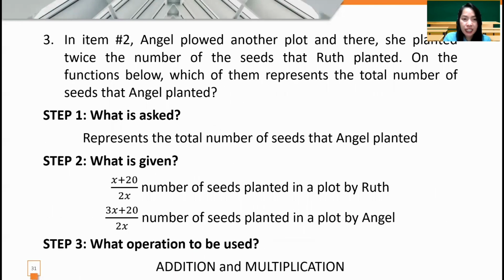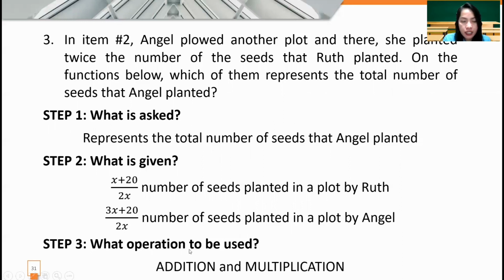For number 3, in item number 2, Angel plowed another plot, and there she planted twice the number of the seeds that Ruth planted. On the functions below, which of them represents the total number of seeds that Angel planted? So these are the steps to be followed in representing real-life situations using rational functions.